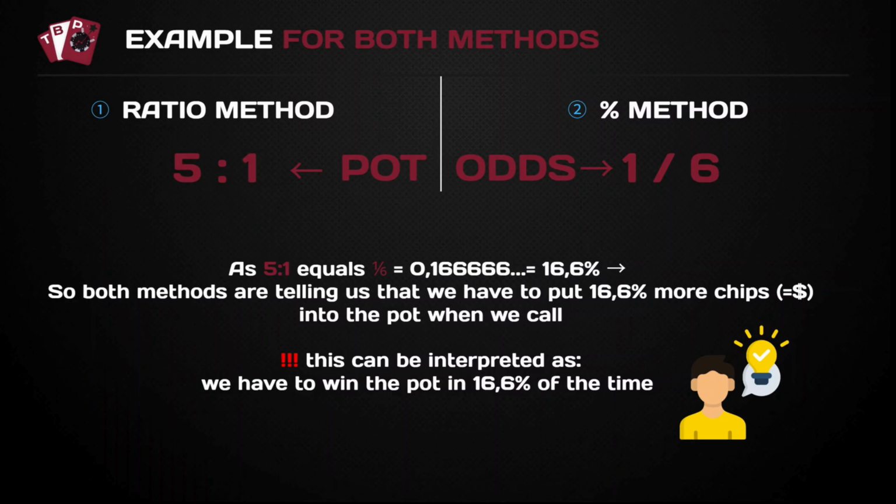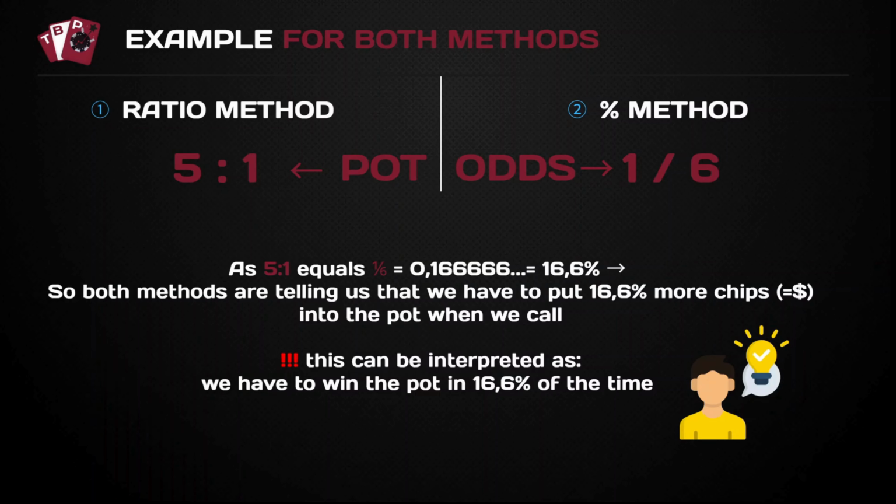With knowing that, we can even make one step further if we do some logical deduction here. So tighten your thinking caps. When we know we have to put 16.6% more in the pot, this can be interpreted as we have to win the pot in the same amount.